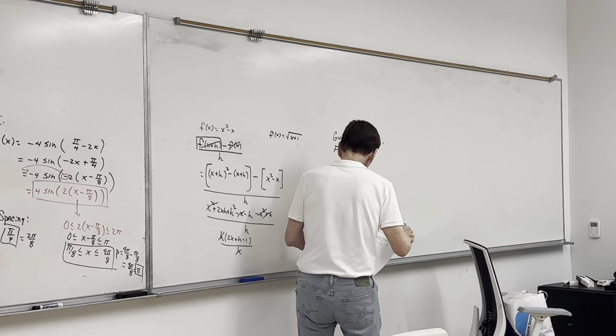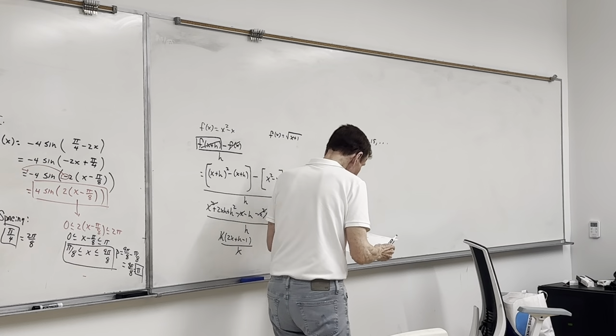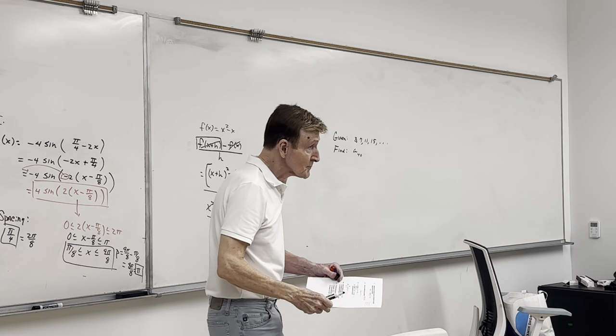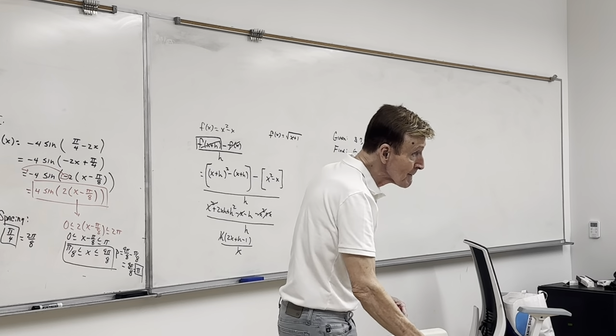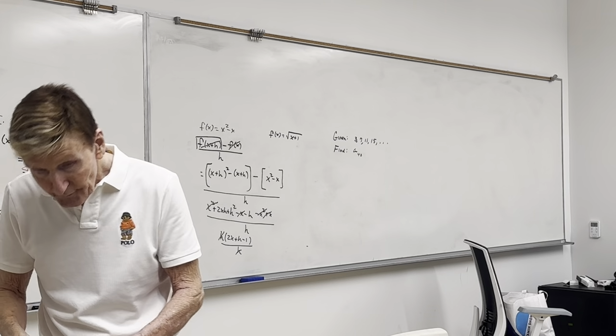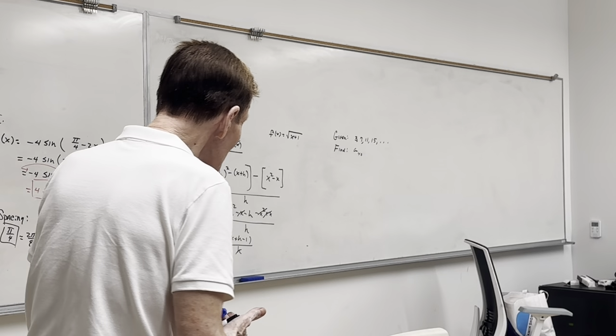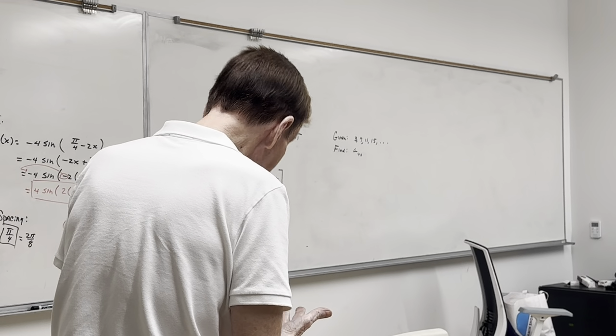Is that 40? I think it is. Find the value of the 40th term of that sequence. Now give me some input. How would you approach this? There's your sequence. I want the value of the 40th term.